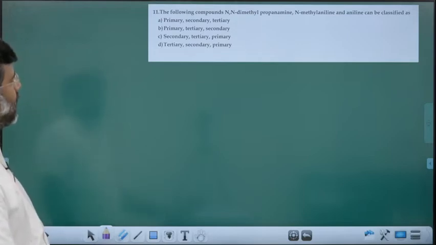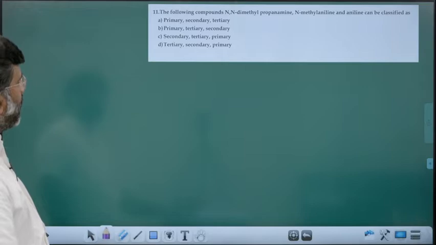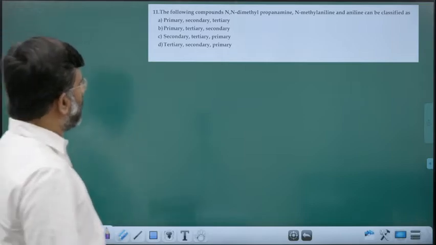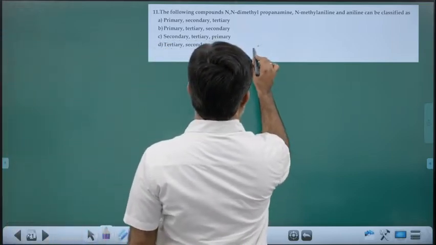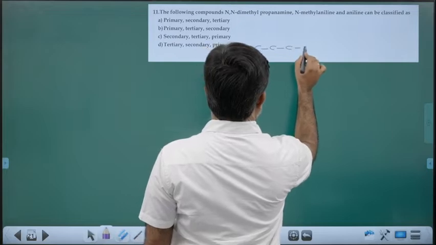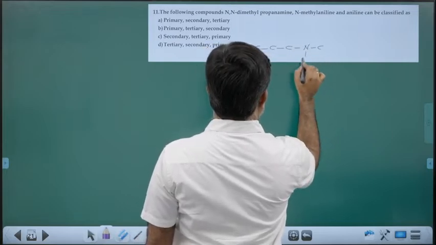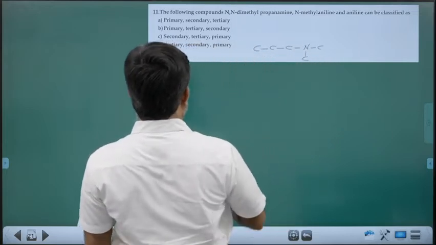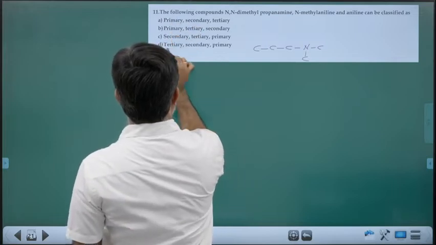Following compounds can be classified as N,N-dimethylpropanamine, which is a tertiary amine.